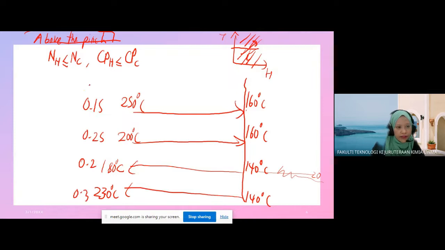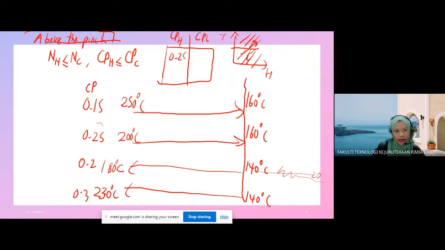So write the CP value first, and then using the CP table, you know that above the pinch, CP hot must be less than CP cold. So now rearrange the CP values in descending order. You have 0.25 followed by 0.15, and then 0.3 followed by 0.2.